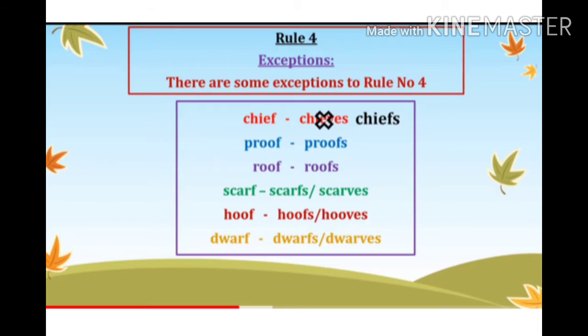That is by adding S also you can make their plural, or you can cut F and make their plural by VES. It is up to you. So scarf's plural can be scarfs also and scarves also. This word hoof can make its plural as hoofs also and hooves also. Dwarf also can have its plural like dwarfs or dwarves. It is your wish.